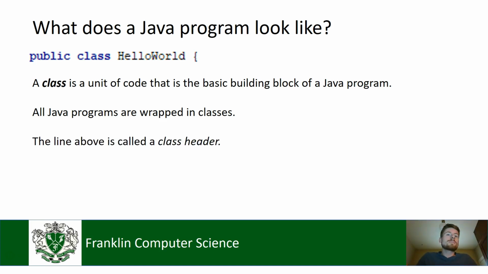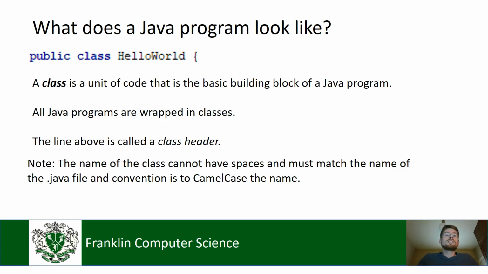Another important feature: the line above is called the class header. So the first line in a program generally is going to be a class header. There will maybe be some lines above it. We'll talk about those when we learn about Scanner later. One thing to note, which is kind of important, is that when you write your programs in IntelliJ, it automatically does this for you, but if you ever make a mistake and change this line at the top, you'll notice that it doesn't like it anymore.